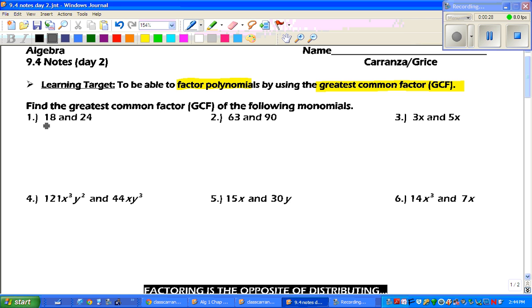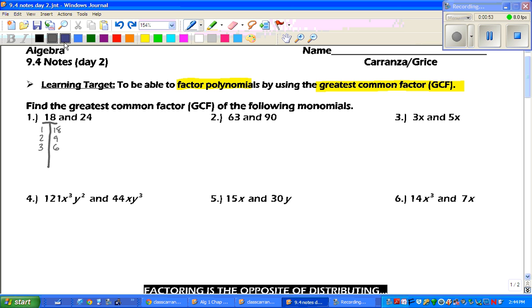So if we want to find the factors, we have to start listing off all the numbers that multiply to get to 18. So 1 and 18, 2 and 9, 3 and 6, 4, no, 5, no. And then since we're back at 6, we can stop.